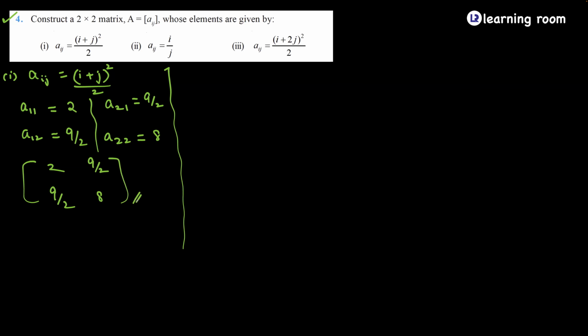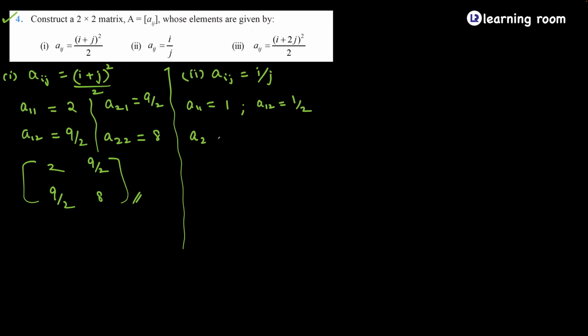Right? Similarly, when we go to the second one, Aij is equal to i divided by j. Am I right? So what is A11? A11 is 1. What is A12? 1 by 2.